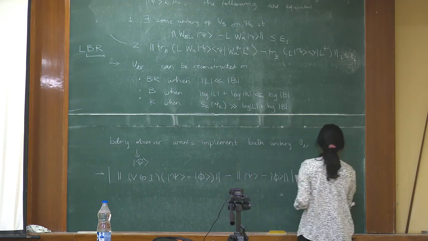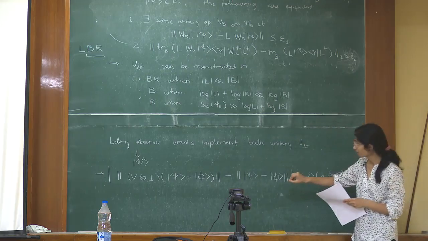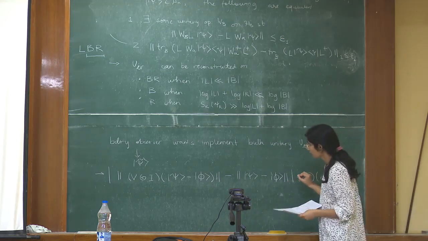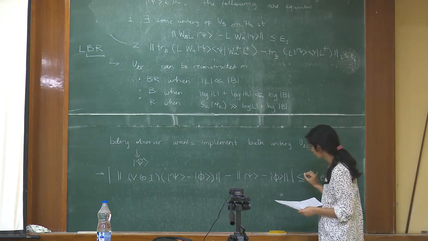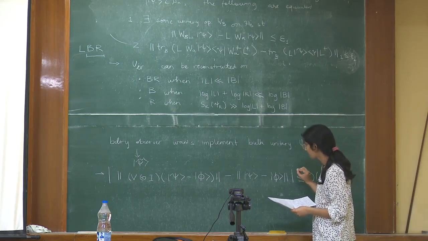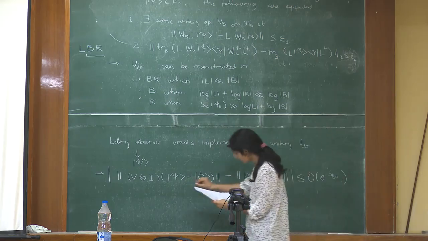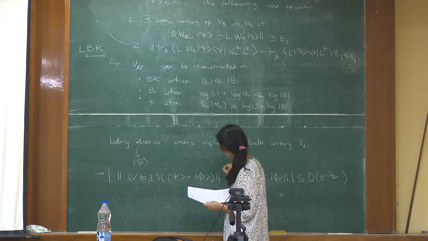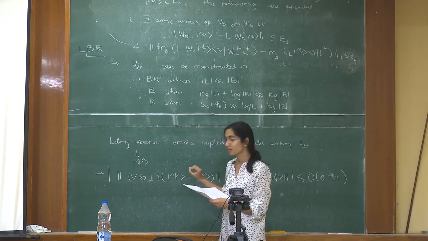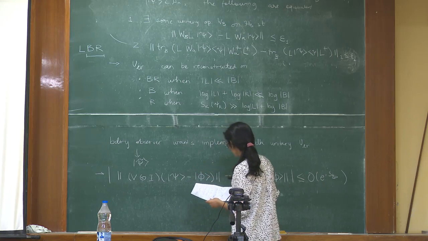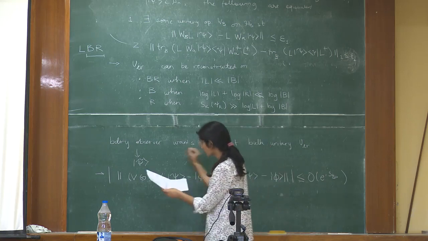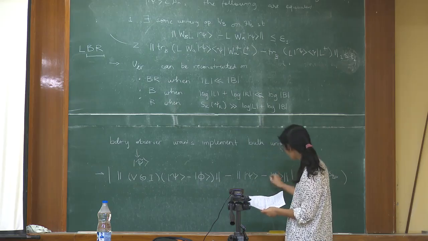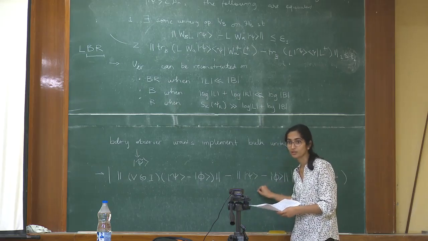This statement is telling me that if psi and phi are two different bulk states, which are both of sub-exponential complexity, then if the distance between their boundary mappings is small, the distance between their bulk versions is also small.